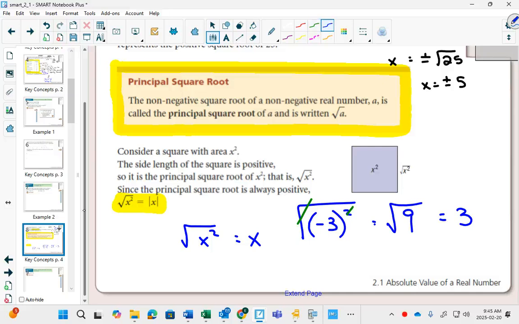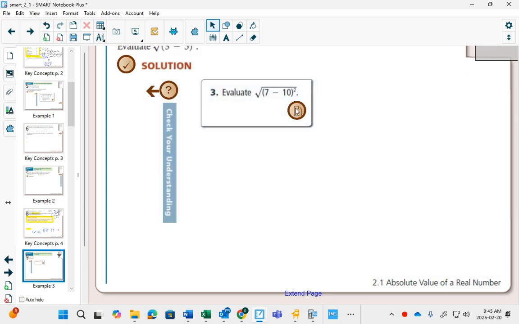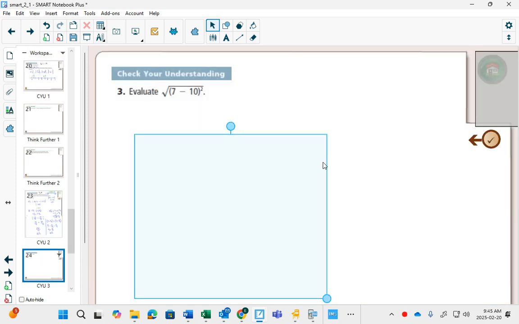So we solve that by adding absolute value bars around it. And this can be helpful, and we'll see in our next example here. So if we go to example 3, we can solve this quickly, or we can solve it a longer way.